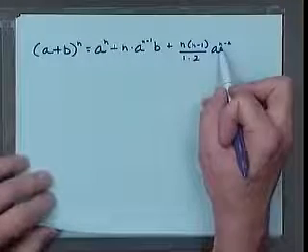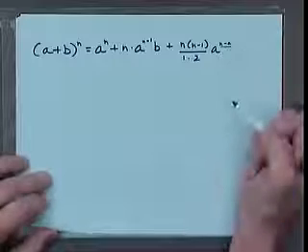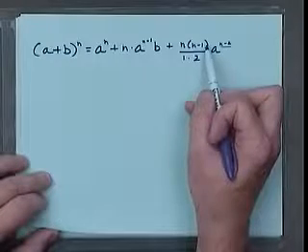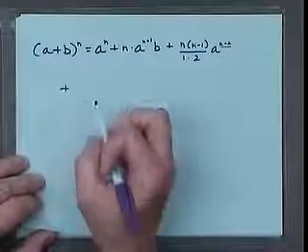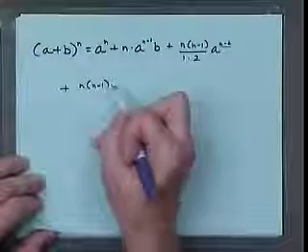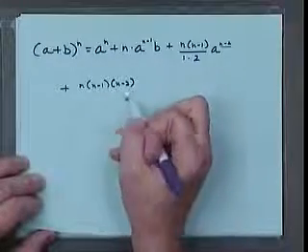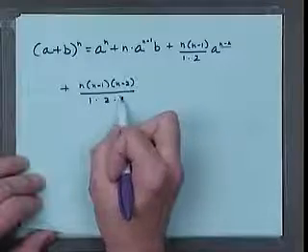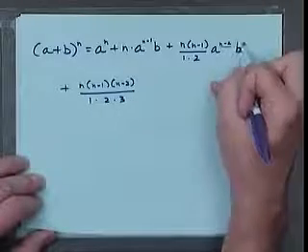So here, a is to the n minus 2, but we stopped at n minus 1. The next term should be n times n minus 1 times n minus 2, and we should stop there. Sorry, there should be a b squared here.